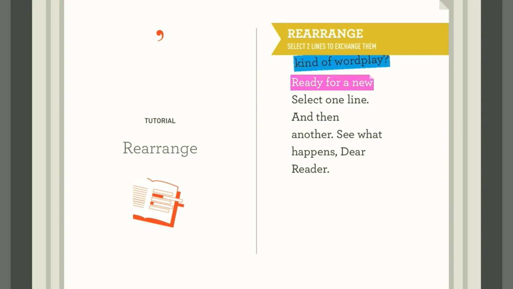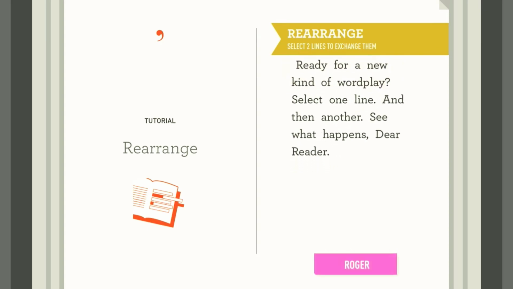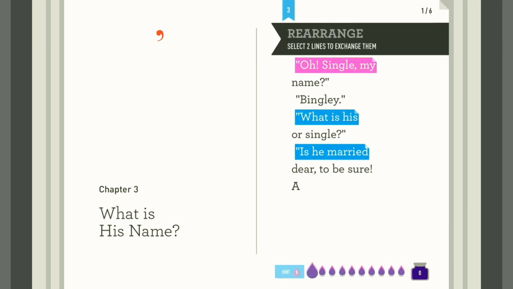So I have to choose each string of letters to replace, which one should be replacing. So ready for new should come before wordplay, essentially there. So that's the example. So now I'm taking a piece of a sentence and rearranging it within the paragraph.